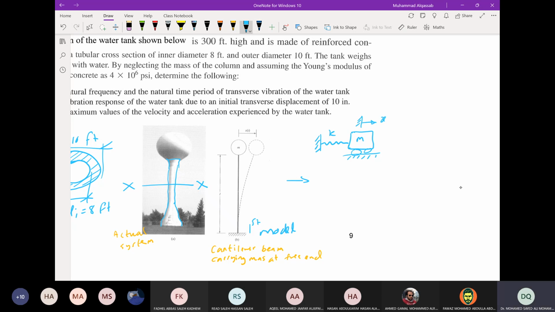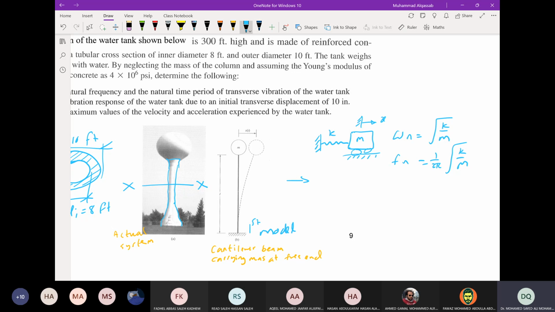The natural frequency for this system is no different than for a vertically arranged system. Omega n is the square root of k over m, or fn equals 1 over 2 pi times the square root of k over m.